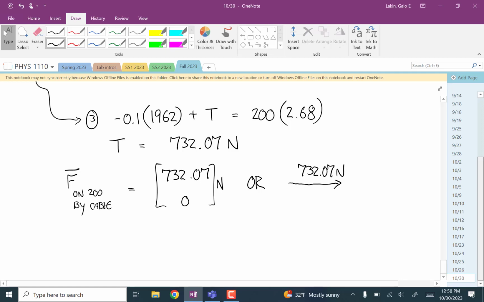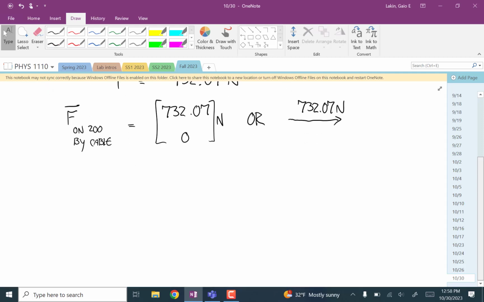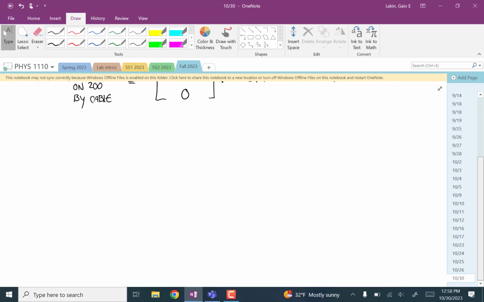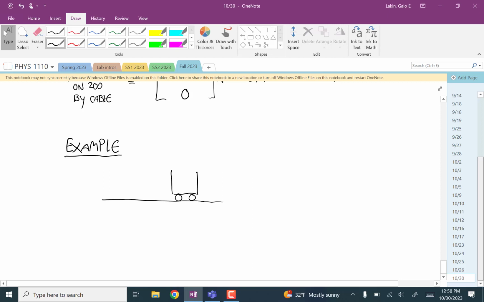So, okay, let's do another one, and let's do a more straightforward one. So let's say this one's 30 kilograms, this one's 15 kilograms, and they're connected by a cable.